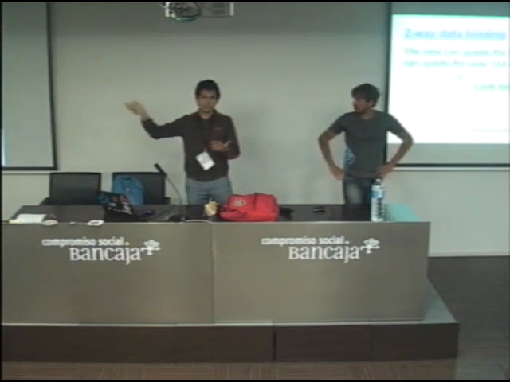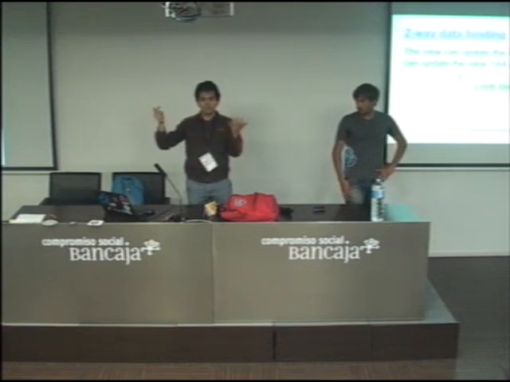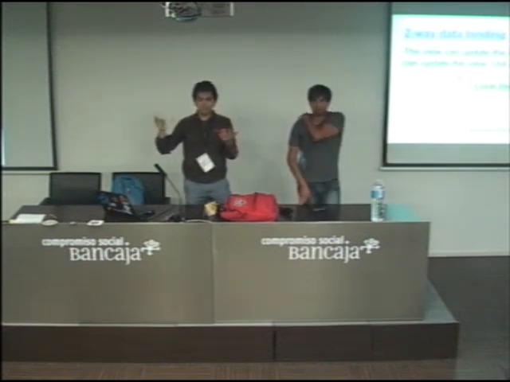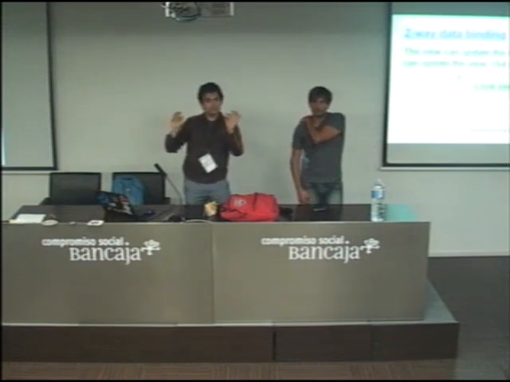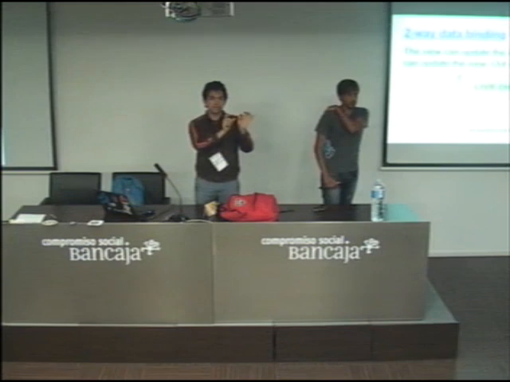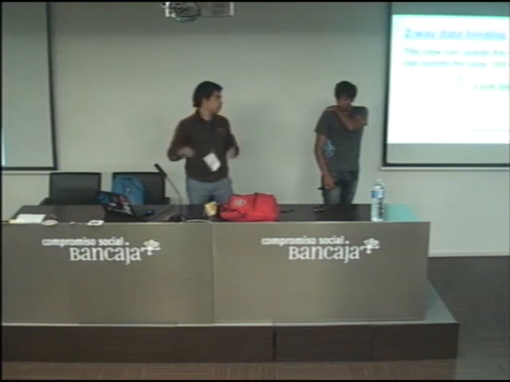With two-way data binding, you're just changing the value of JavaScript variables, and those variables are bound with the template. So whatever you change there, it will affect the template. That makes your code much cleaner because you don't need to take care of which ID this particular item has. In the template, this item is bound to this variable, so you can play around with that variable in the Angular code, and you get the two-way data binding.